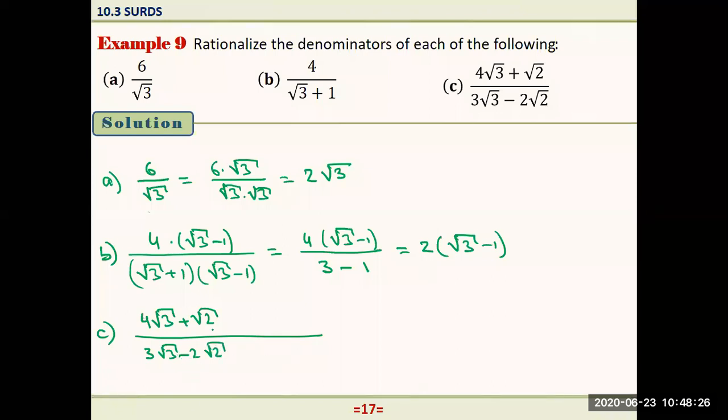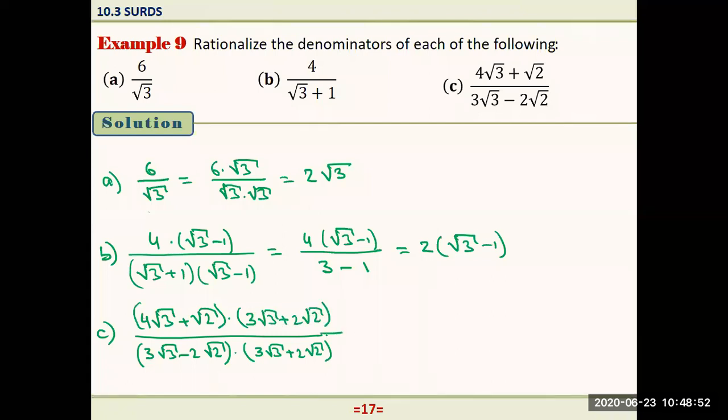So to rationalize its denominator, we need to multiply the numerator and denominator by the conjugate of the denominator. So the same thing but with plus, right? So here we have 3 square root of 3 plus 2 square root of 2. So I should multiply the numerator also by the same number. So 3 square root of 3 plus 2 square root of 2.